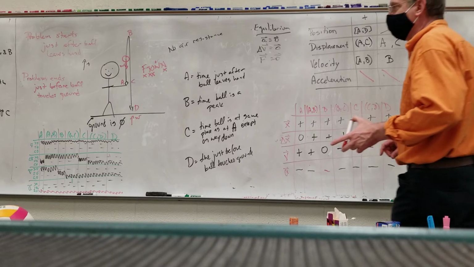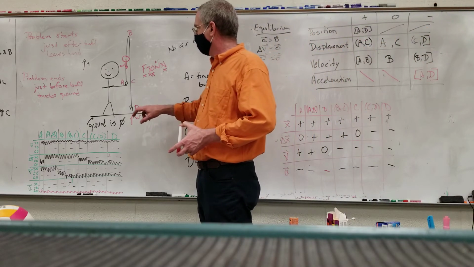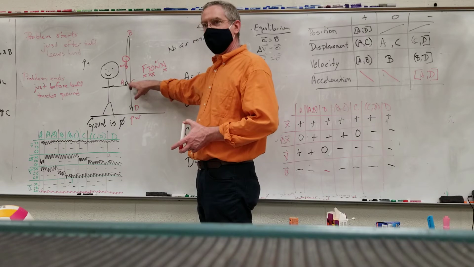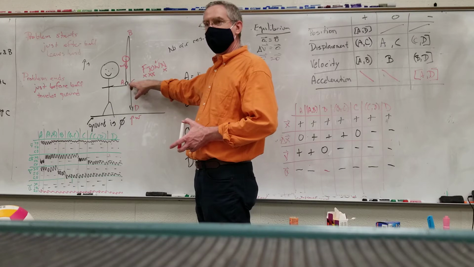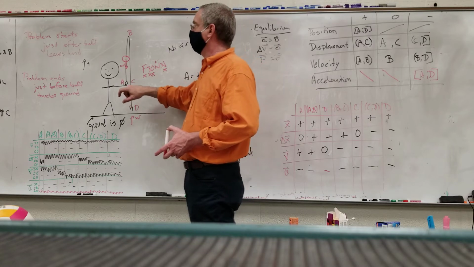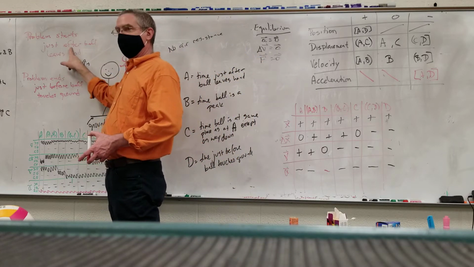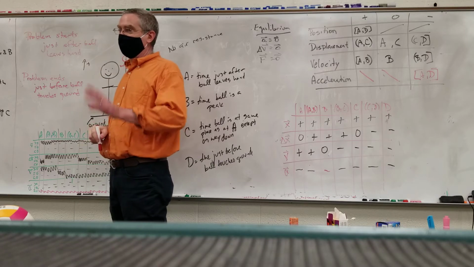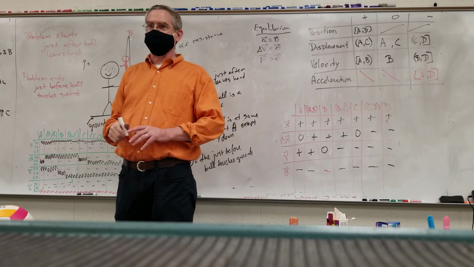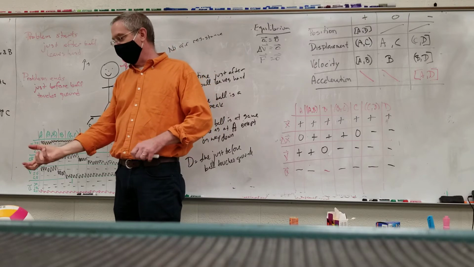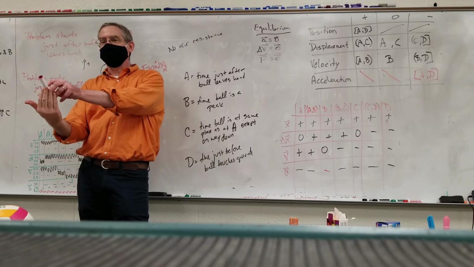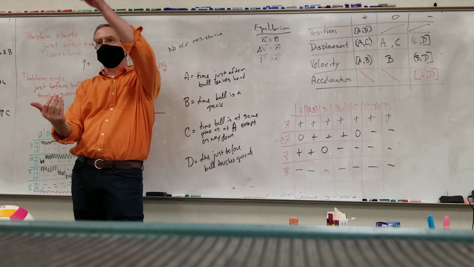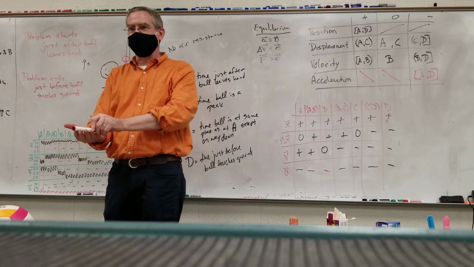Why is acceleration negative? No, the problem starts just after the ball leaves the hand. I deliberately started the problem when the boy was not touching it. If we started the problem with the ball in the hand, then there's positive acceleration up to a certain point, then it's zero somewhere and then becomes negative. But I started the problem after it's already left the hand.